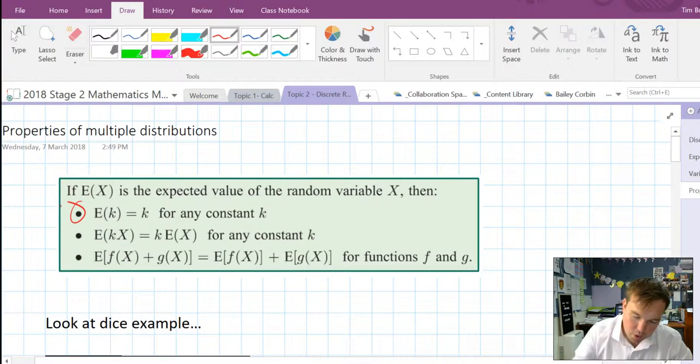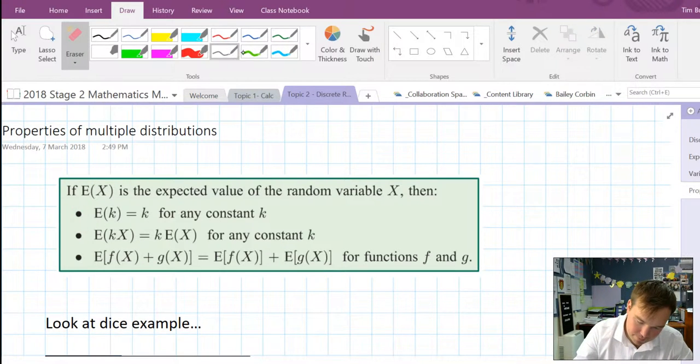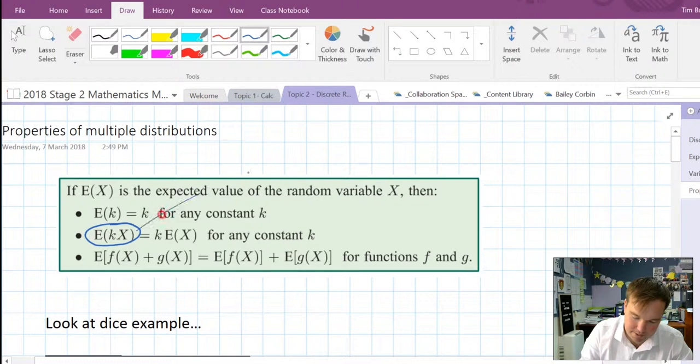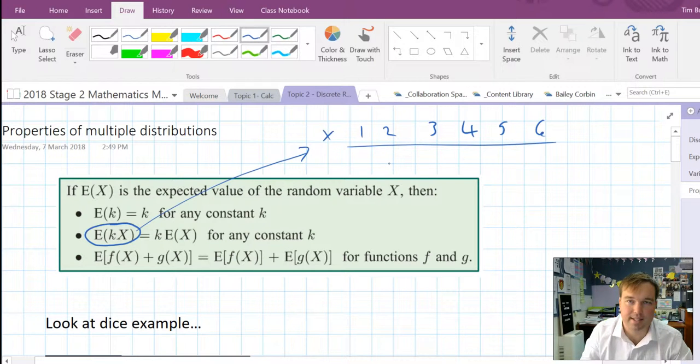All right. What this one here is saying is that the expected value of k times x. So remember, x here for us is going to be a dice, 1, 2, 3, 4, 5, 6, and then a sixth, a sixth, a sixth, a sixth. And we know that the expected value for that is equal to 3.5.